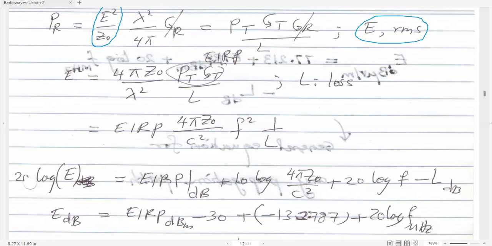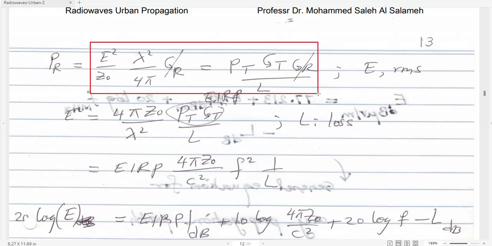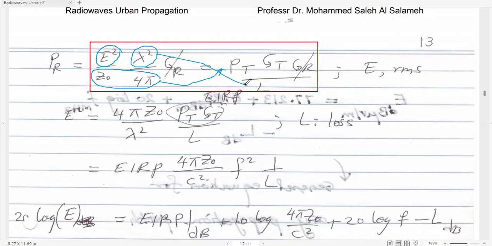Now, combining these terms together to find an expression for E squared, 4 pi Z naught will be in the numerator here, and lambda squared will go to the denominator along with L, lambda squared times L, and PT GT will be in the numerator also.